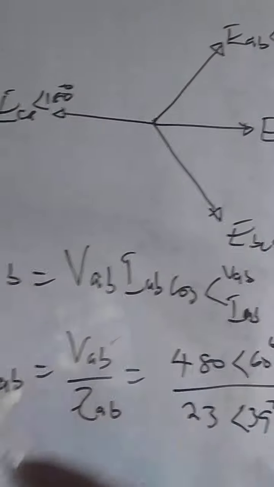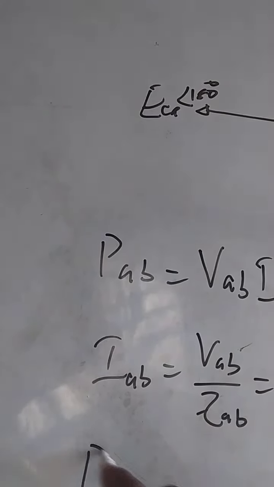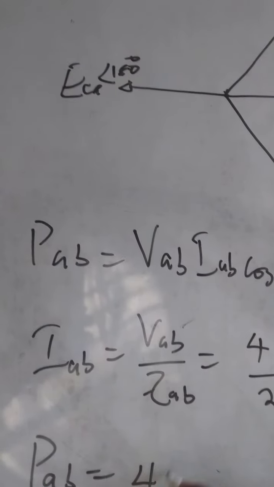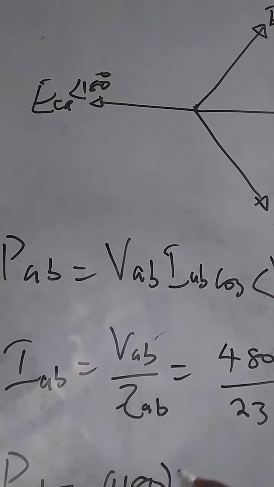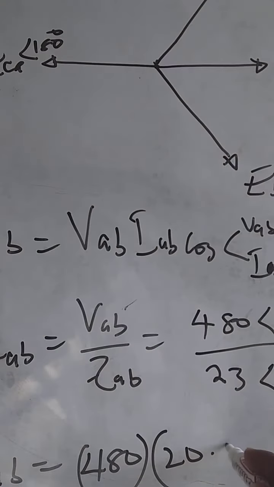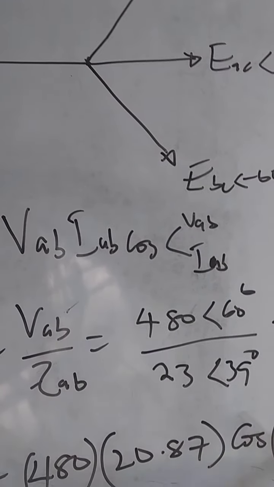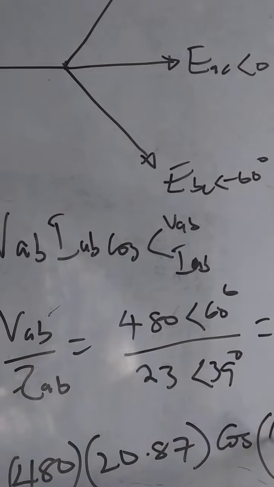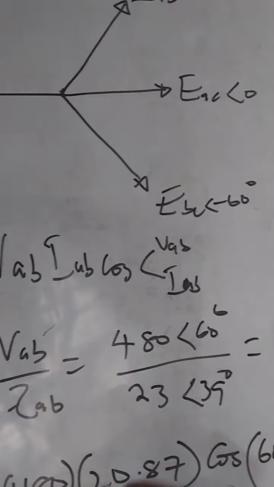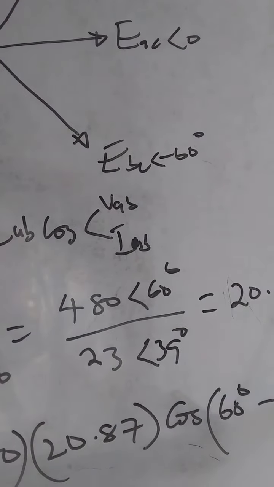Our PAB then will be VAB, which is 480, times IAB, which is 20.87, cos of the angle of VAB, 60 degrees, minus the angle of IAB, minus 21 degrees.